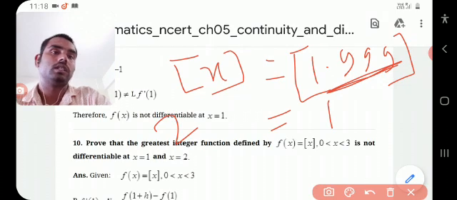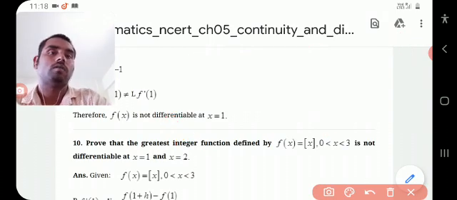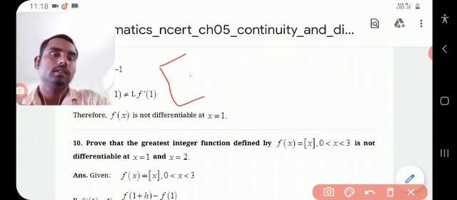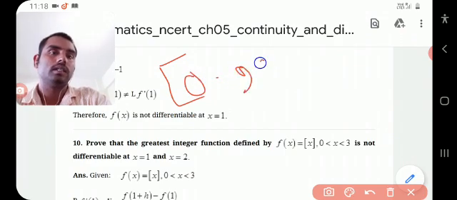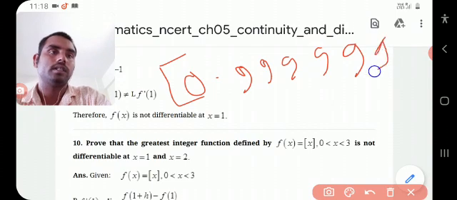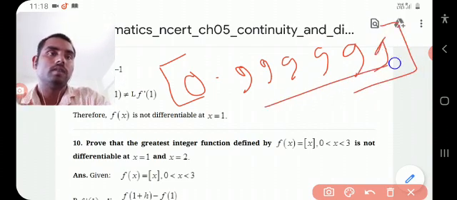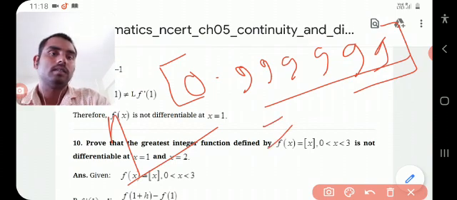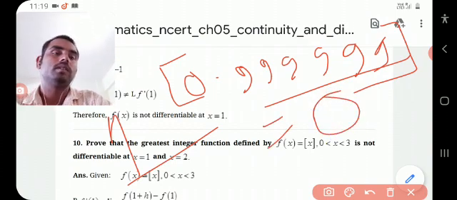It crosses 1, so it is 1. Another example, for example 0.99999, so on, 9. So this value is nearly equal to 1, but its answer will be 0 because it crosses the integer 0.